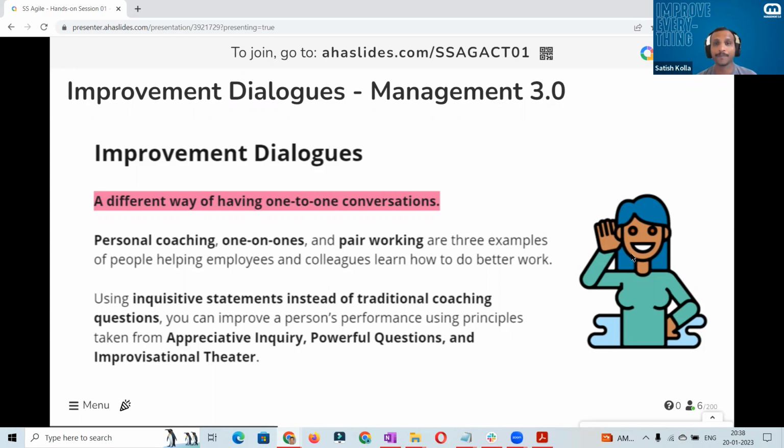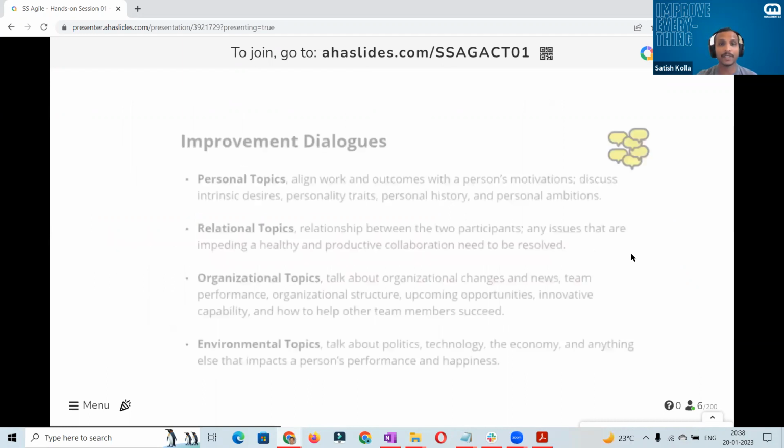The first person starts the conversation by picking a statement, and the second person continues using positive affirmative statements. No blame game, no negative statements, no questions, no pushing back. It is a one-on-one conversation between two or more individuals to bring the improvement into context.